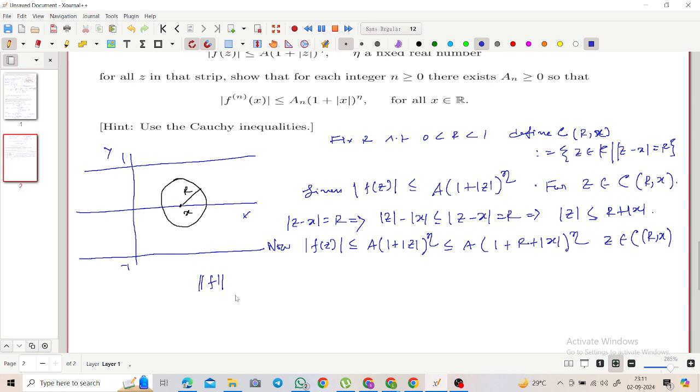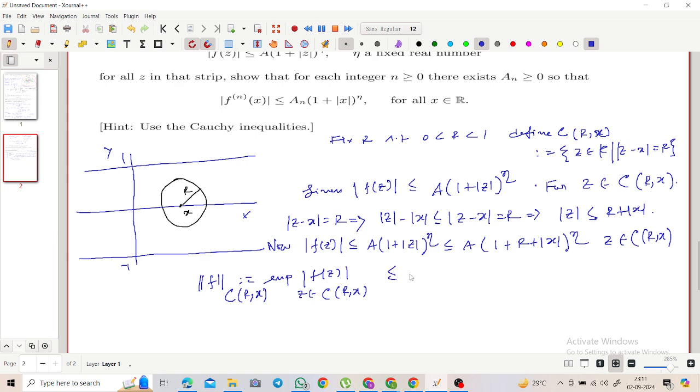Do you remember this notation? Okay, I'm defining it again. This means the supremum of mod f(z) when z belongs to C_r(x).